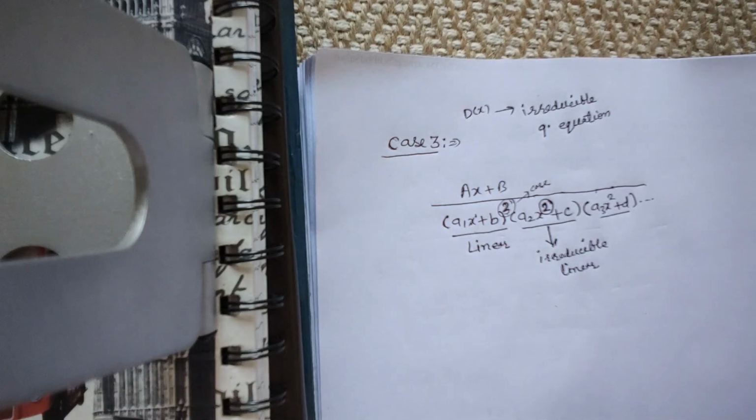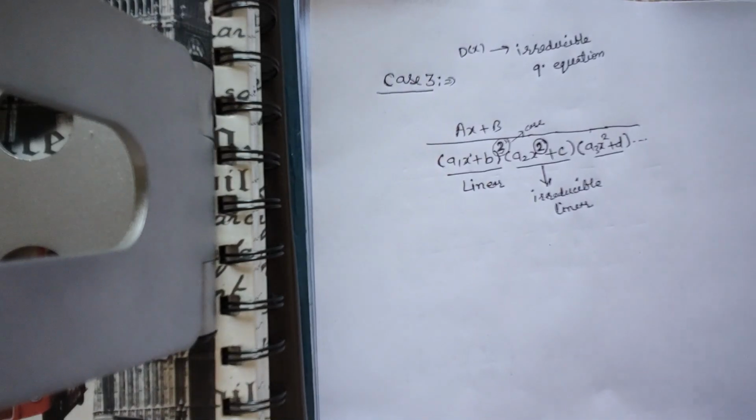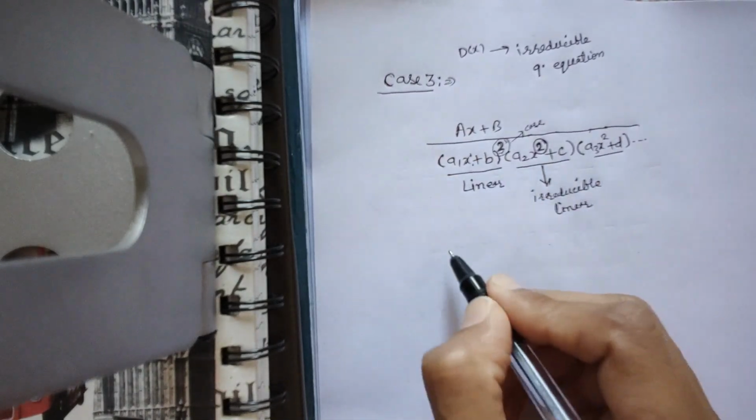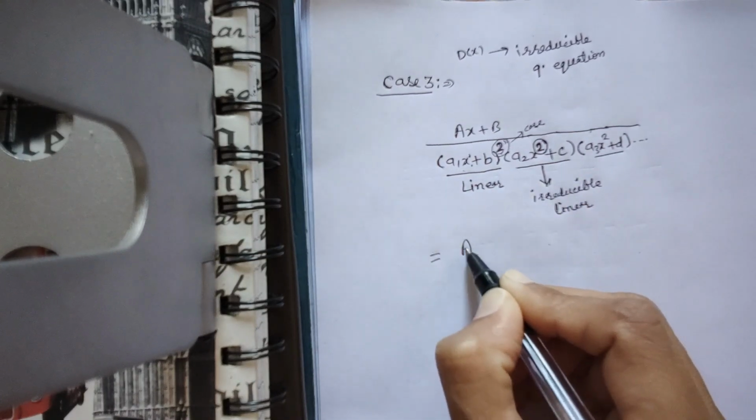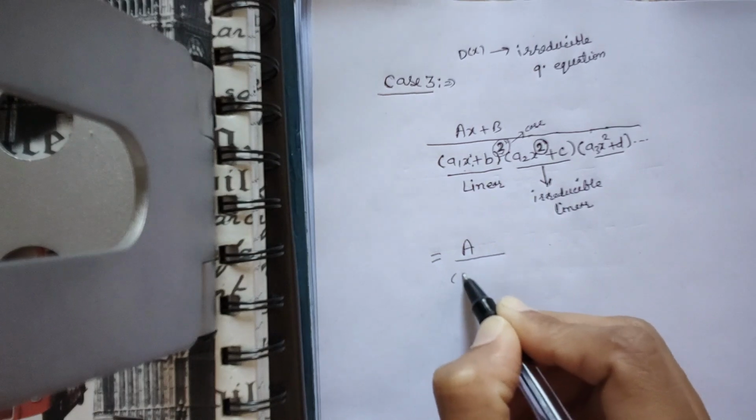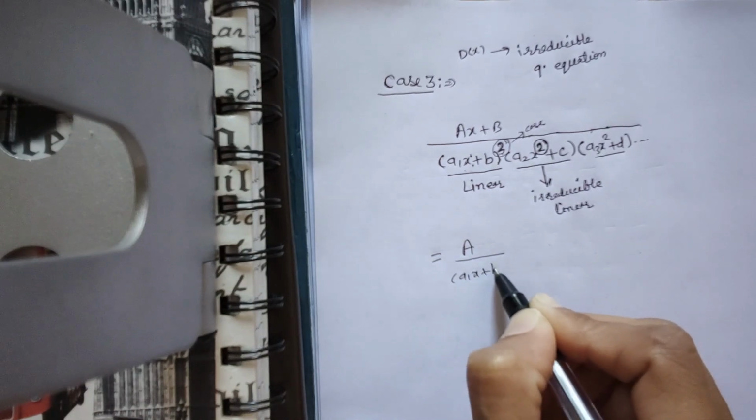Okay, so in this case the partial fraction will be, this is the linear factor, so I will just write a constant and divide it with the bracket a1x plus b.